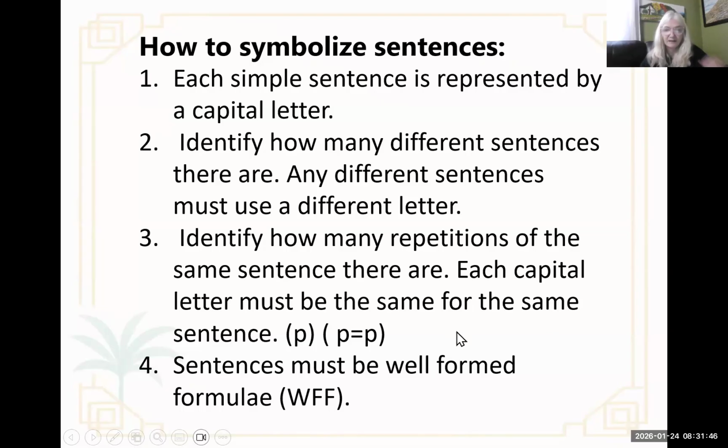This follows the law of identity: for all sentences, P equals P. So every sentence is equal to itself. So if I write A blinks and I use A for that, and then later on A blinks comes up in the text, then I have to use A again. Sentences must be well-formed formulae.